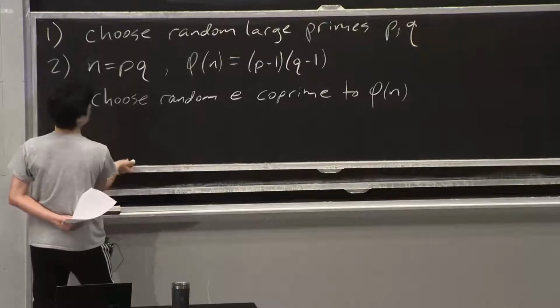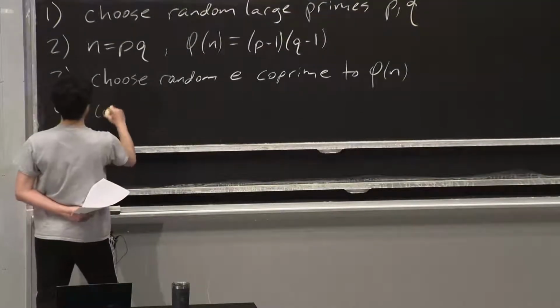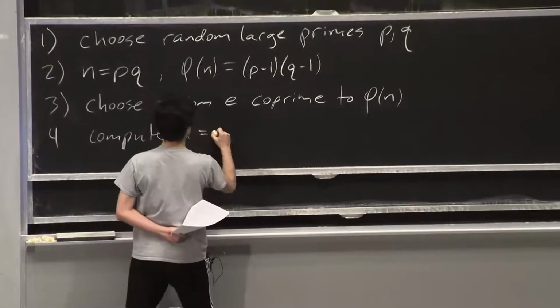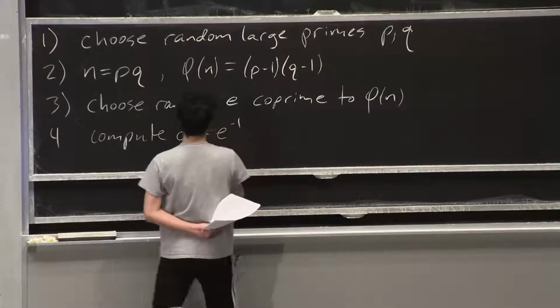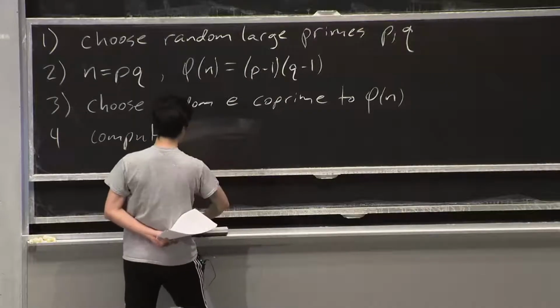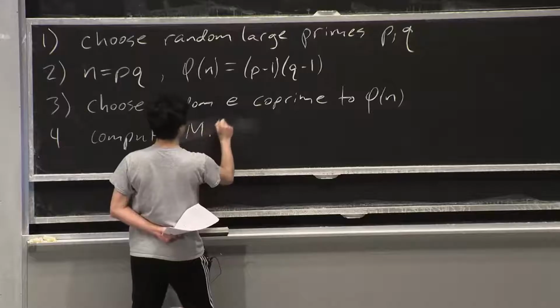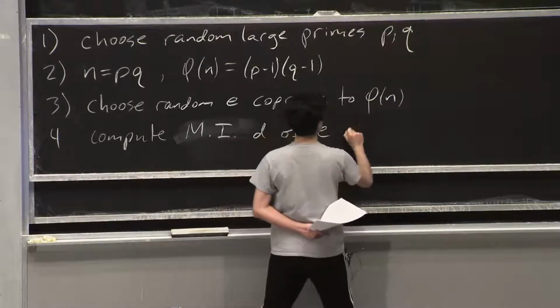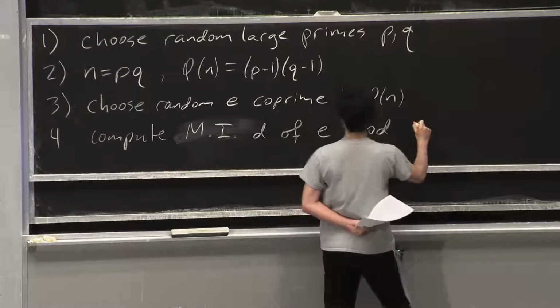And then we want to compute an inverse of e. Compute a multiplicative inverse modulo phi of n.